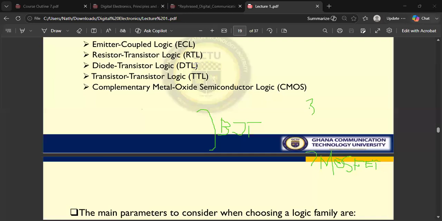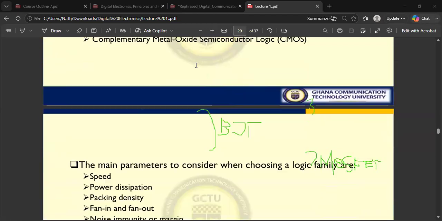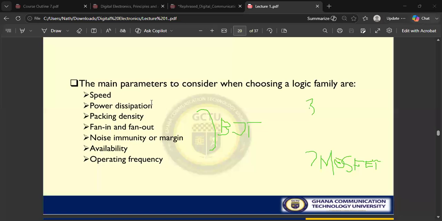Before you can choose any logic family to use, there are some parameters you have to look at. We have the speed. If you want a higher speed, you go with CMOS. Speed is just the rate at which a logic family operates.